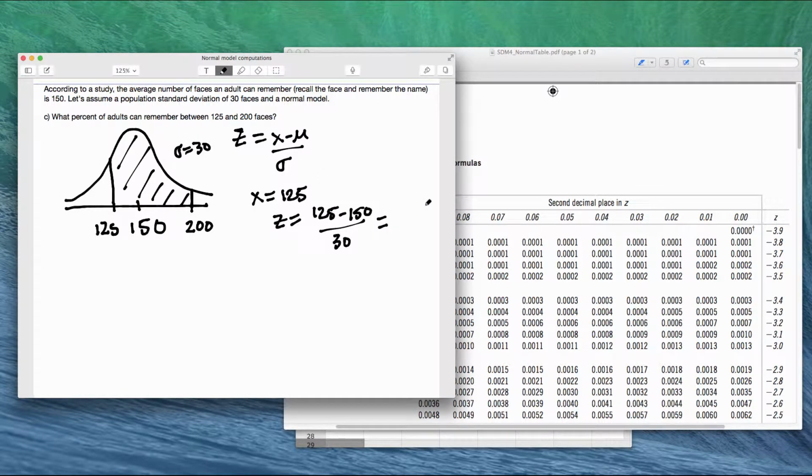We get a z value of negative 0.83. Now let's repeat for x equals 200. Z is equal to 200 minus the mean of 150 divided by the standard deviation of 30, and we get a z-score of 1.67.